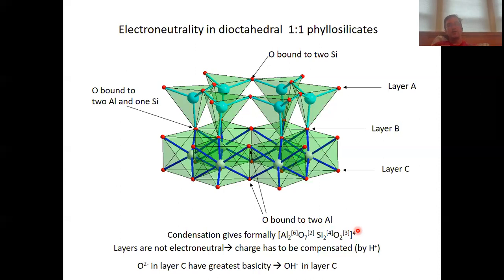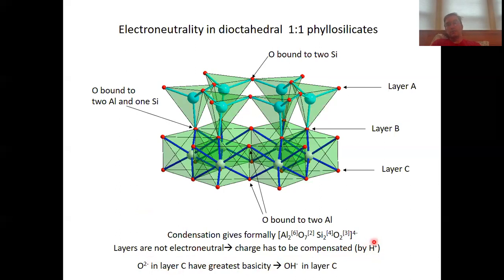Now in the most simple case, these cations are protons, and these protons will coordinate to the most basic sites within that layer. The fact is that, for reasons of electronegativity, the O2- ions in layer C have the greatest basicity.